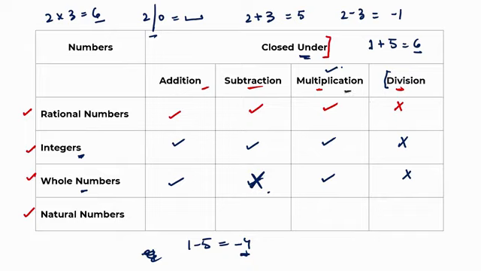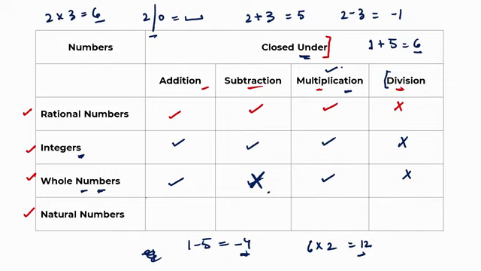Next, let's see in case of multiplication. Now, when I talk about multiplication, what will be the answer? Let's say I am multiplying 6 with 2, so it will be 12. That means that whole numbers under the operation of multiplication are closed, so I'm going to put a tick here. Now let's see how whole numbers are going to perform under the operation of division, whether it's closed or not.